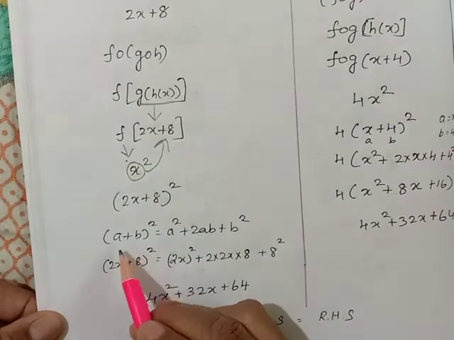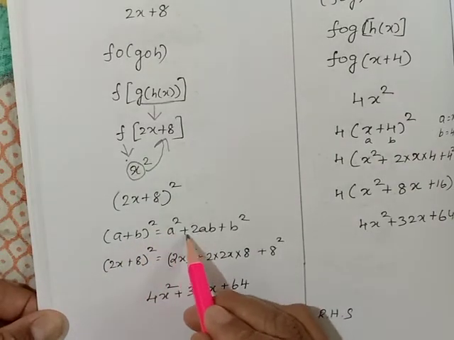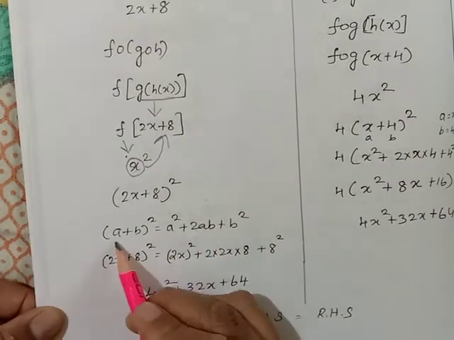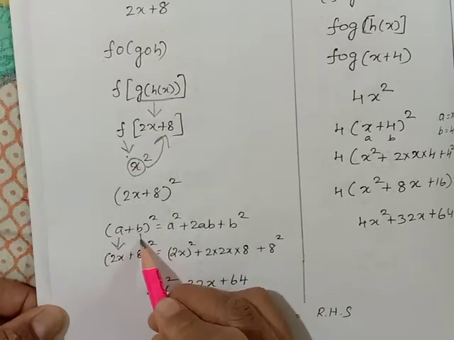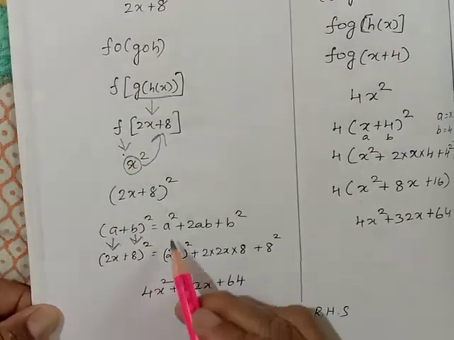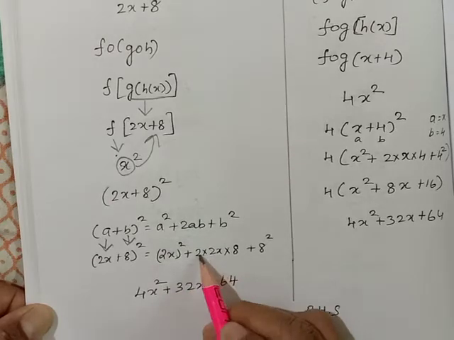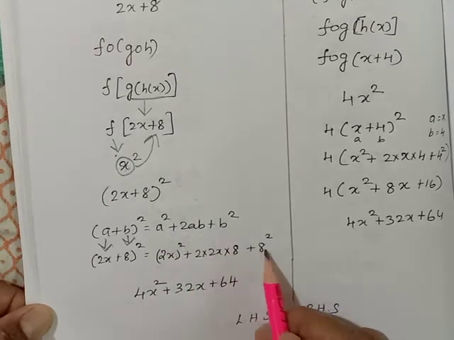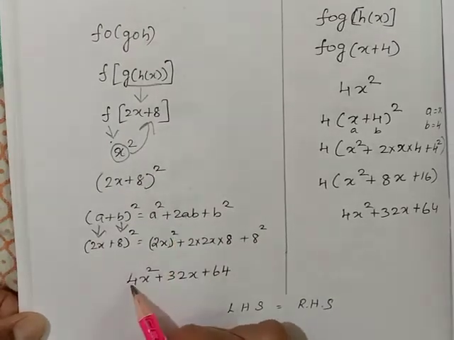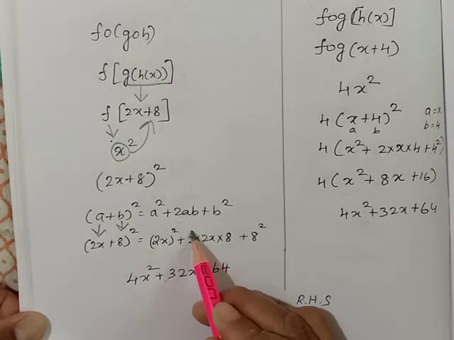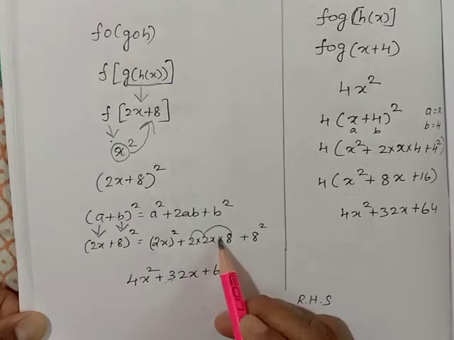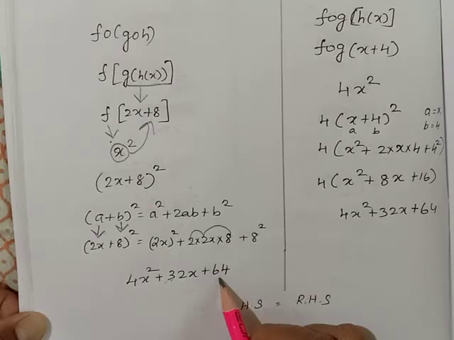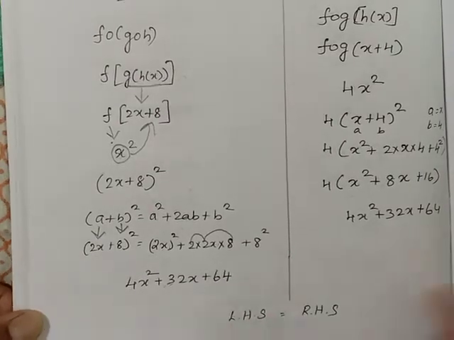Now it is like the formula (a plus b) whole square equals a square plus 2ab plus b square. In the place of a we have 2x and in the place of b we have 8. So (2x) whole square plus 2 into a into b plus b square. So 2 2s are 4, x into x, x square, plus 2 2s are 4, 8 4s are 32, x, plus 8 8s are 64. So this is about the left hand side.